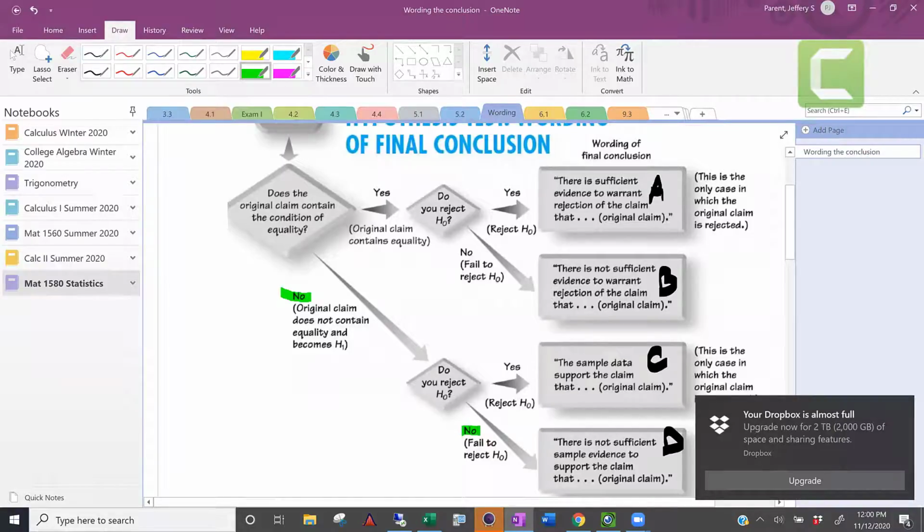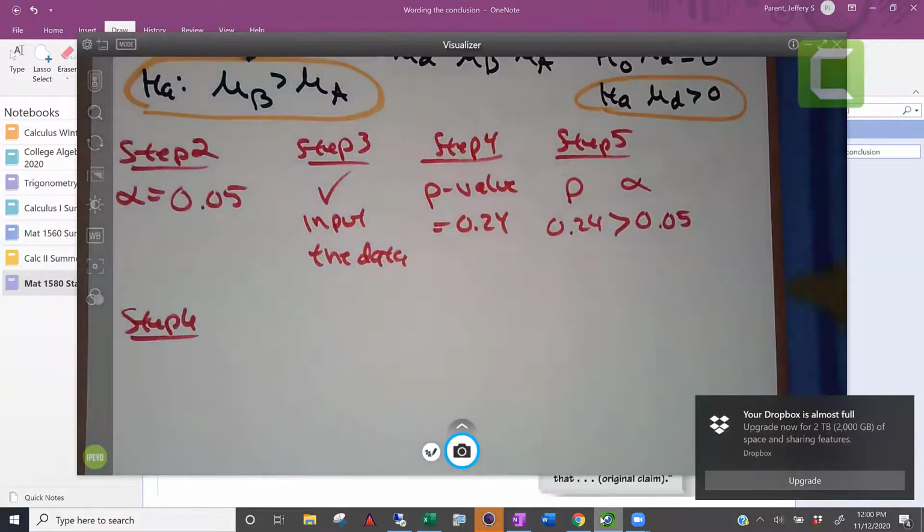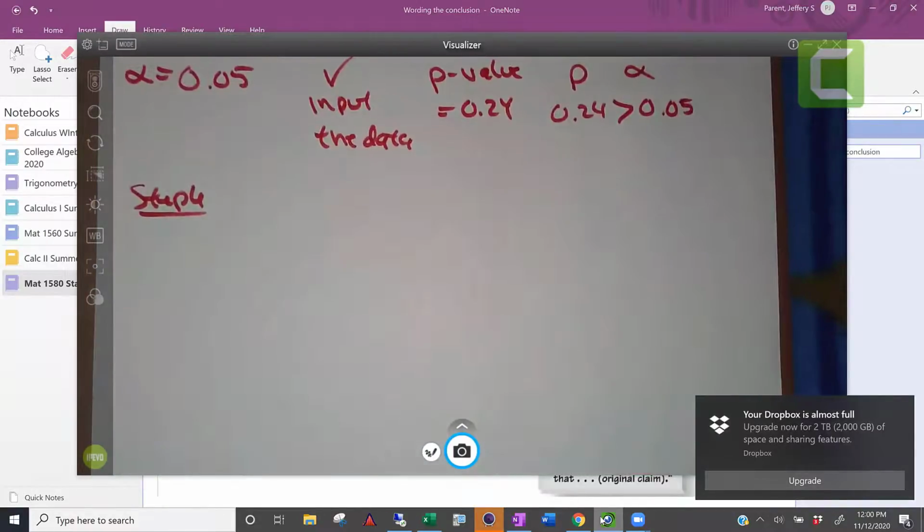There's not sufficient sample evidence to support the claim that hypnosis appears to be effective in reducing pain is one way you can state things. You could state things a little bit more exact with respect to the test we did by stating that the mean difference of before minus after is greater than 0. So there's a couple ways you can state that. I think I'd be comfortable with both of them.